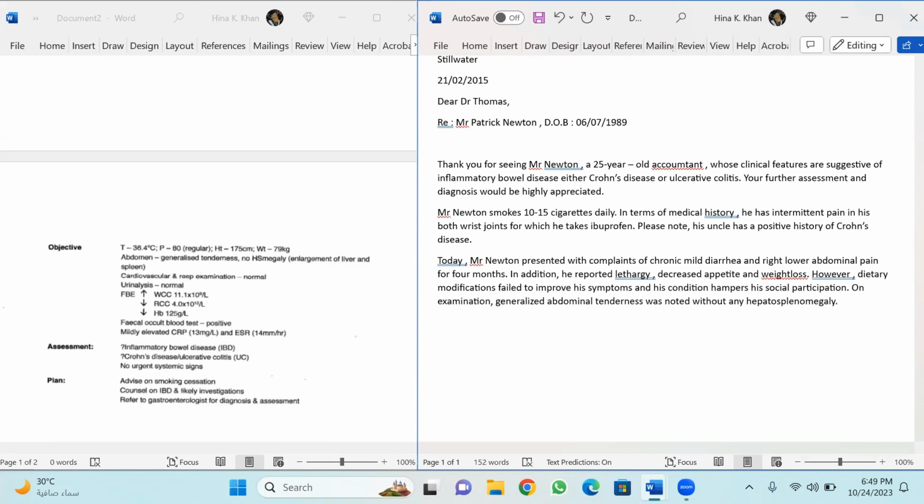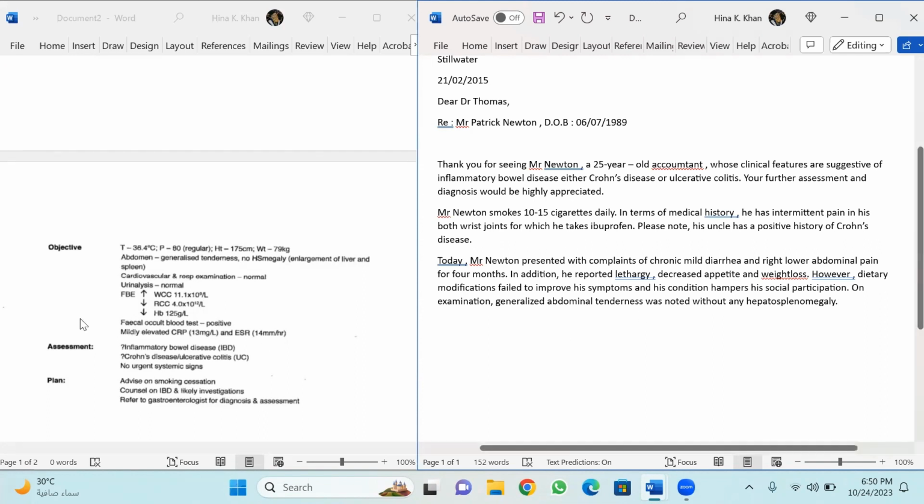Again, you see, I used simple sentences and simple tenses in the examination; I did not twist it. What I have seen in most of the letters is, okay fine, he was having a tenderness, he was having an abdominal pain more prominent in this region, in that region. No, I wrote one simple line: on examination, generalized abdominal tenderness was noted without any hepatosplenomegaly.